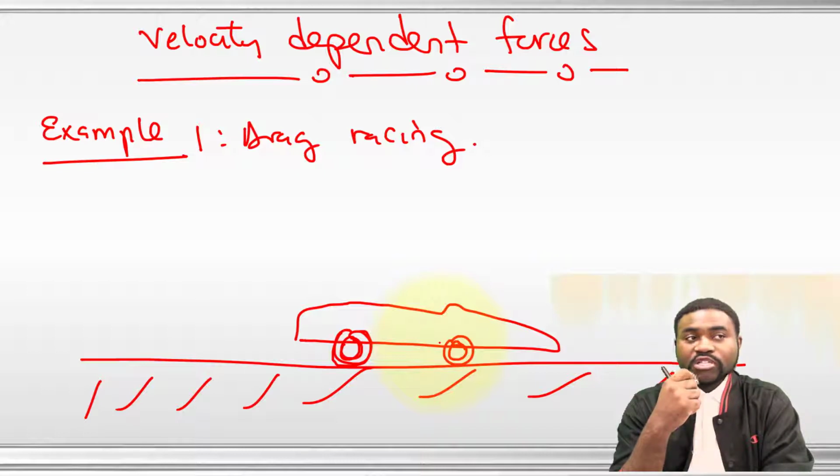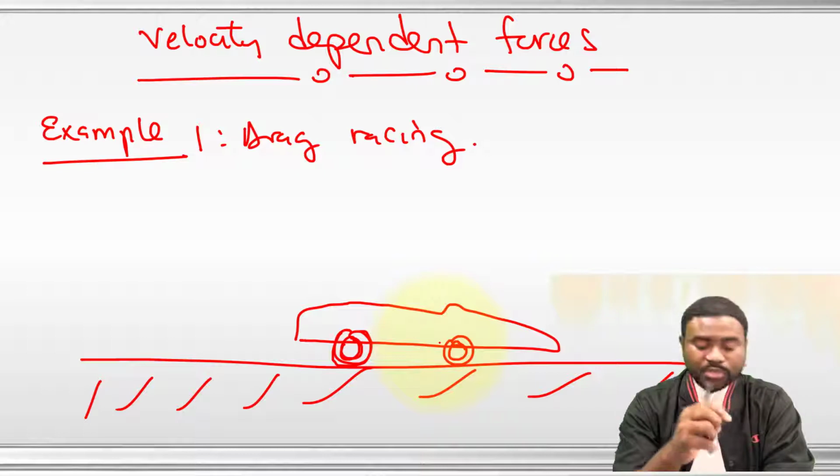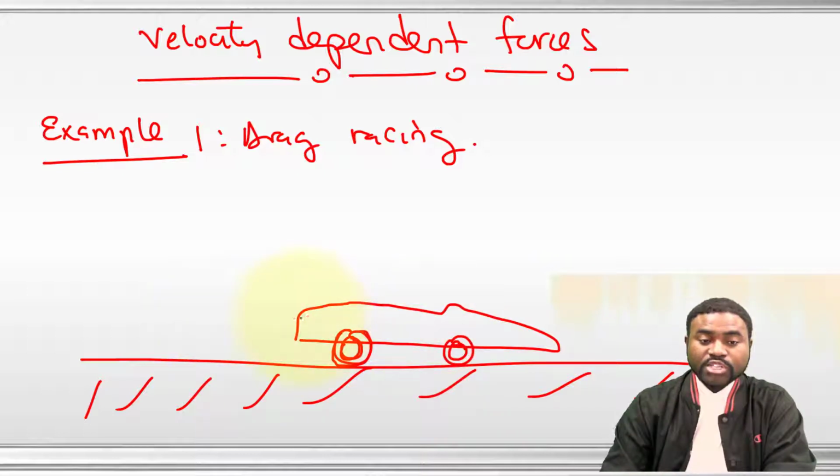The brakes installed in the cars are insufficient to completely stop the car at the time the car wants to be stopped. So as a result, parachutes are used.